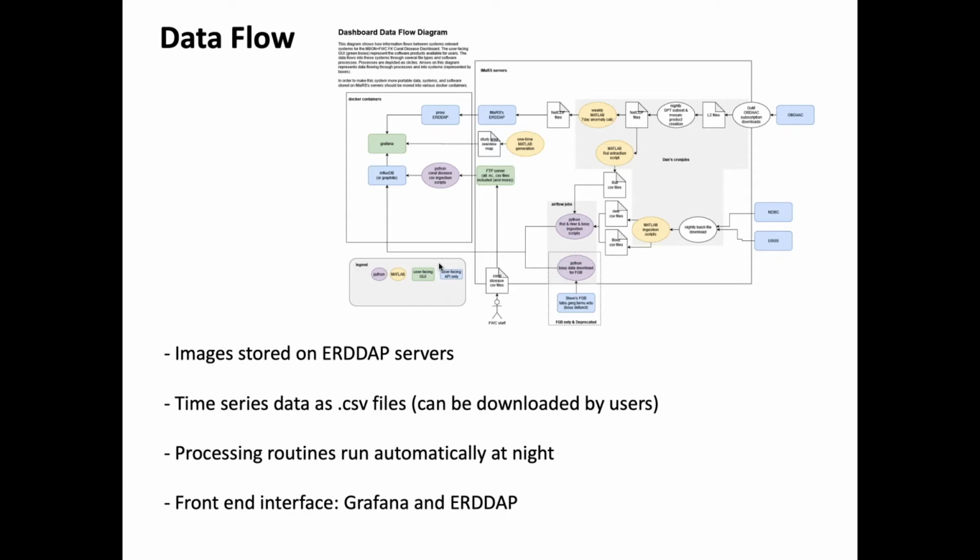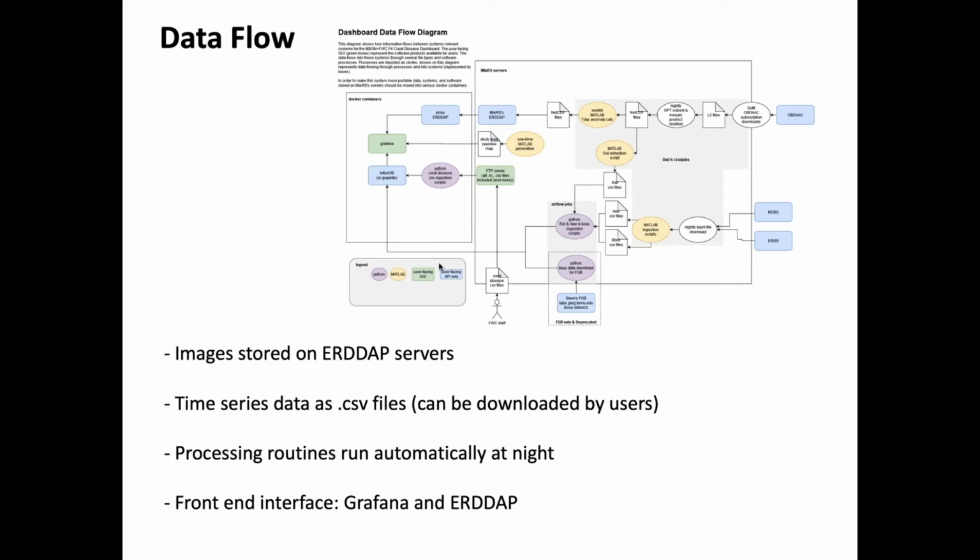Our images are stored on ERDDAP servers, which makes it easy to share with other partners. Time series data is saved as CSV files, and we've made those available so people can download those if they'd like. The processing routines run automatically at night.